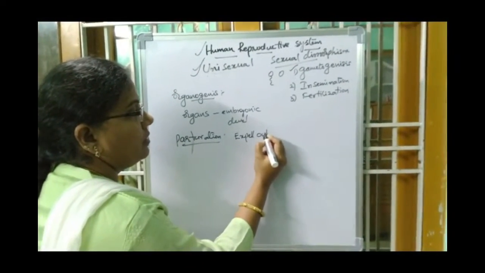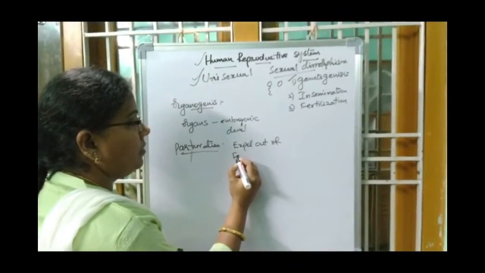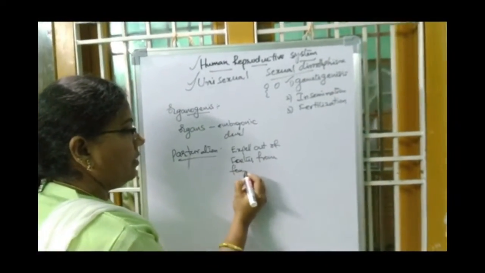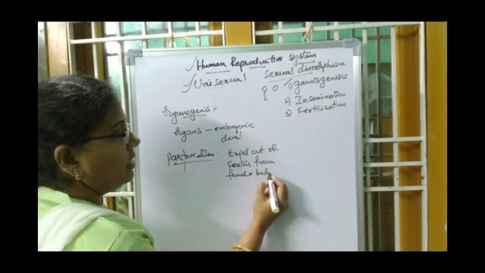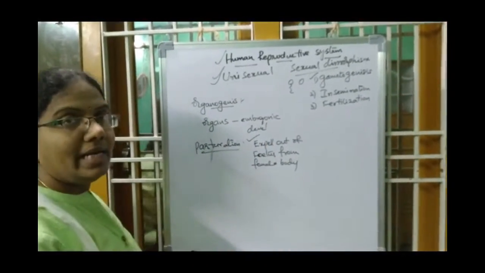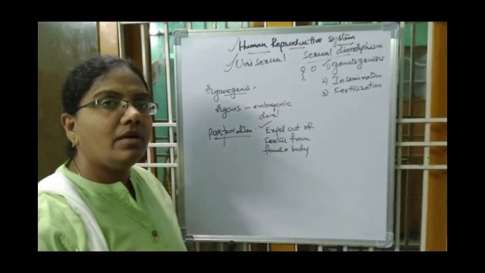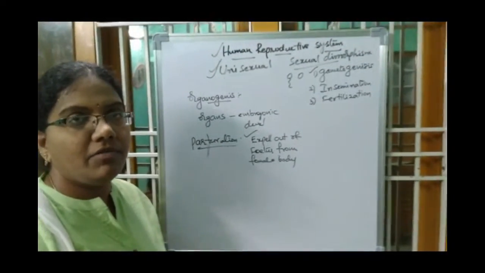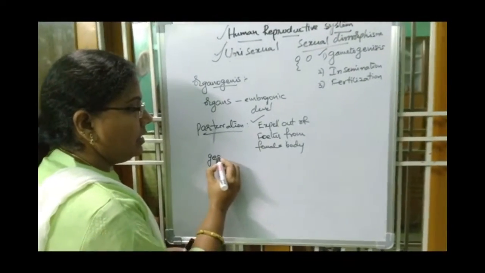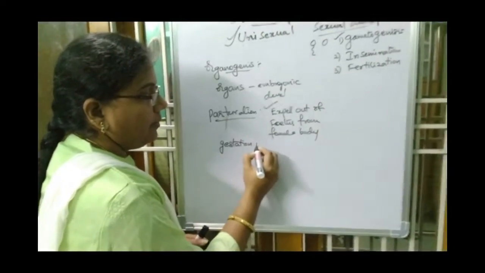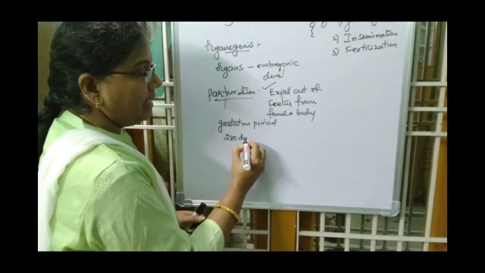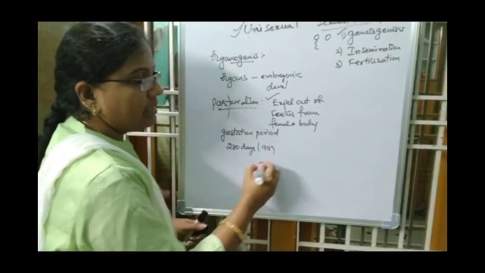When the fetus is fully developed, after some time, the time is called the gestation period. In human beings, it is about 280 days or 9 months.